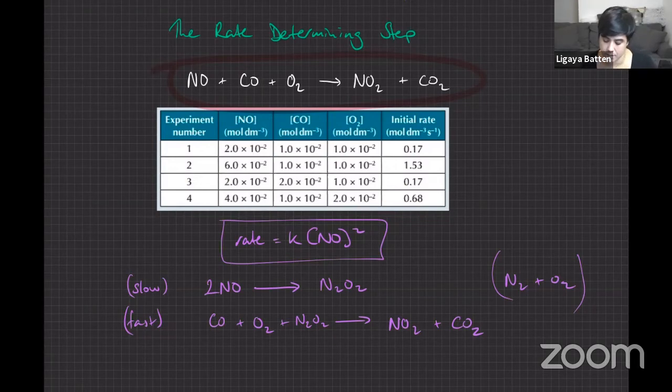Oh no, that is balanced. That is enough. Okay, so N2O2. See, my problem at the moment is we've got too many N2s here and just one NO2 here being produced.